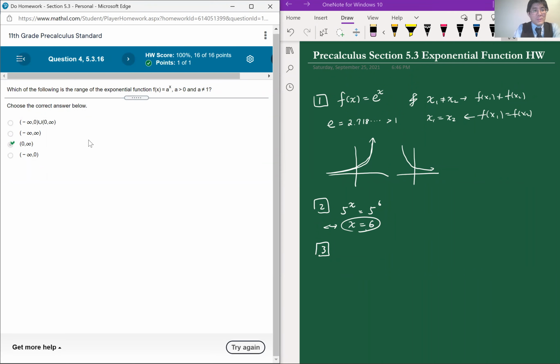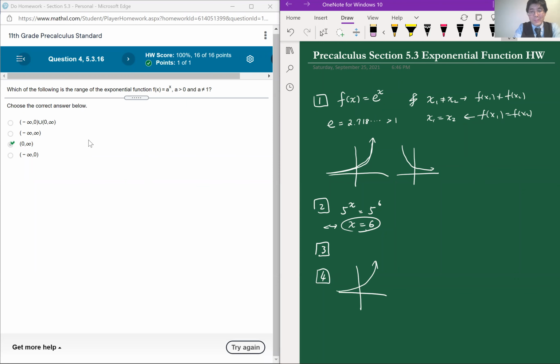Okay. Which of the following is the range of the exponential function f(x) equal to a to the power of x, where a is greater than 0 and not equal to 1? It only says a is greater than 0 and not equal to 1. So there are two possible kinds of graph.